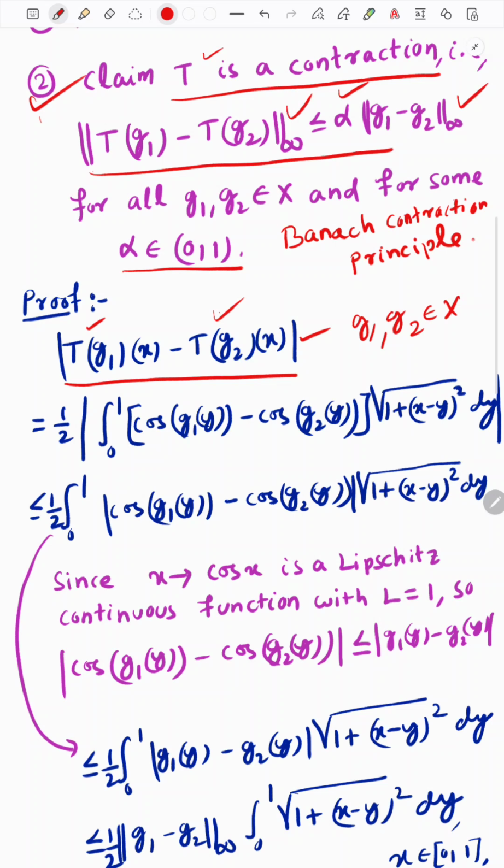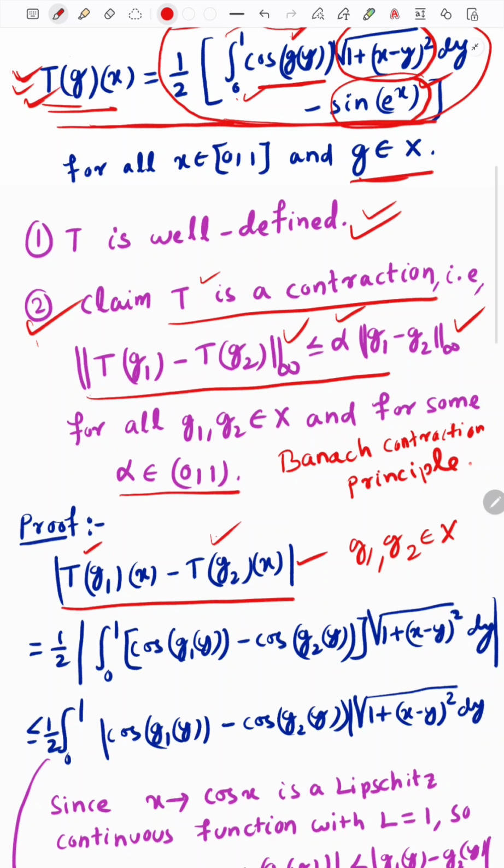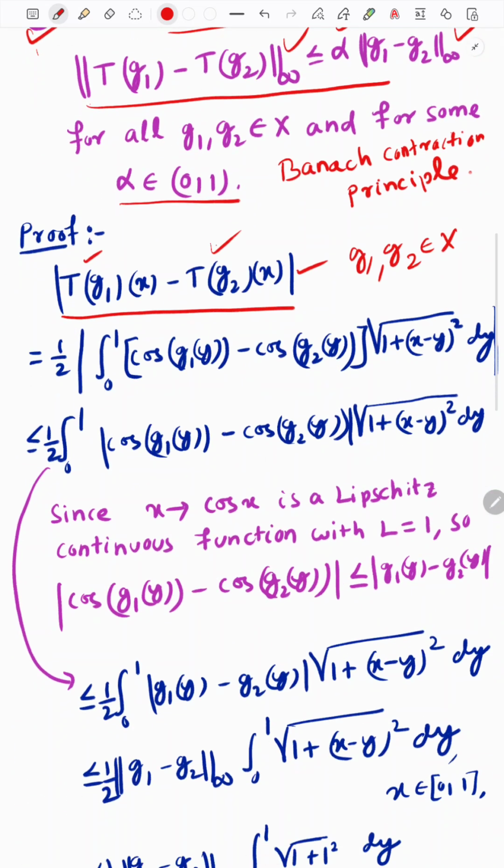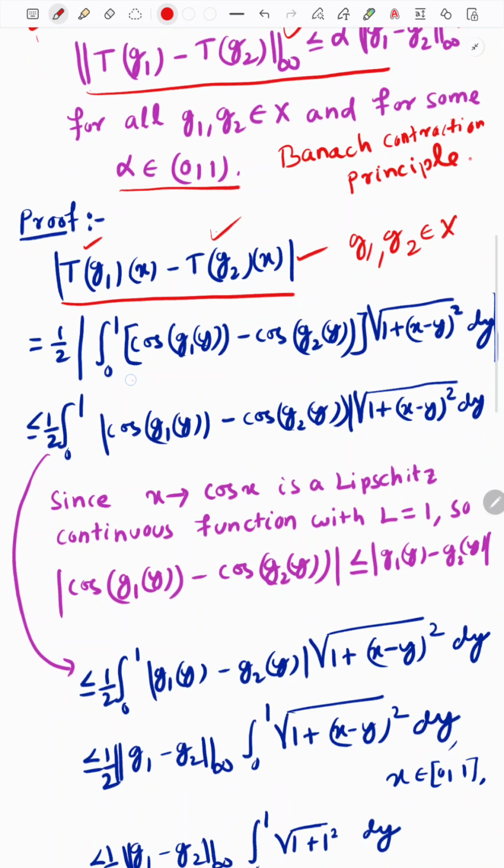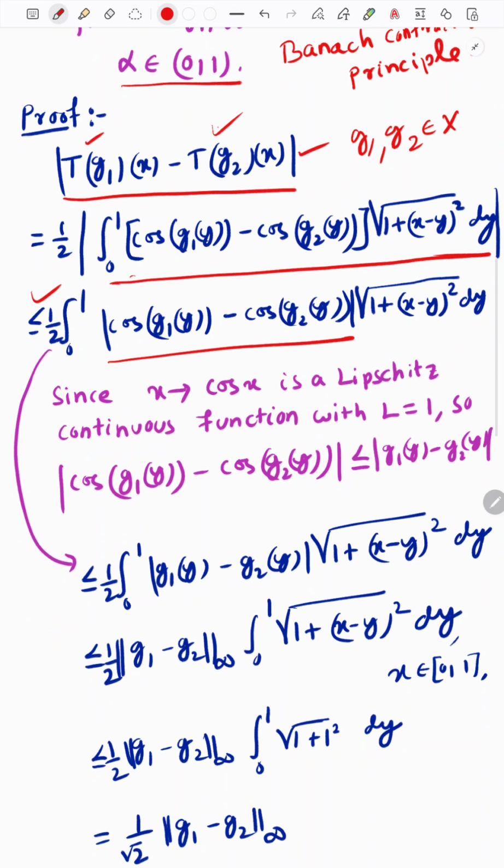Then the half comes out because it is the definition of Tg. Then this expression will come. After that we will take the modulus inside, so less than or equal to is coming, and taking the common factor, we will get this expression.